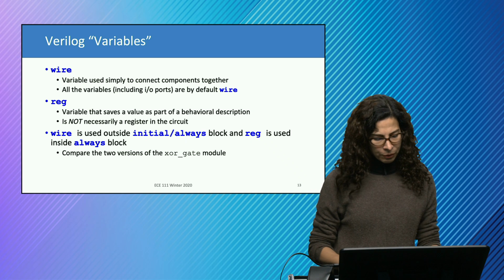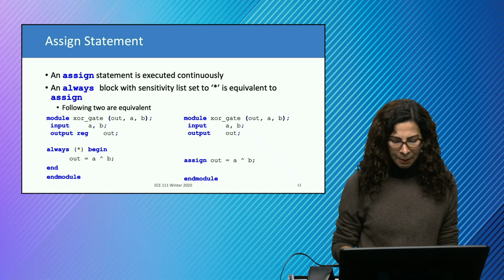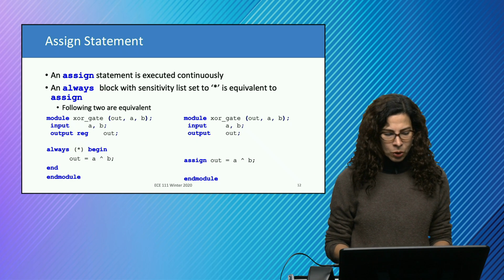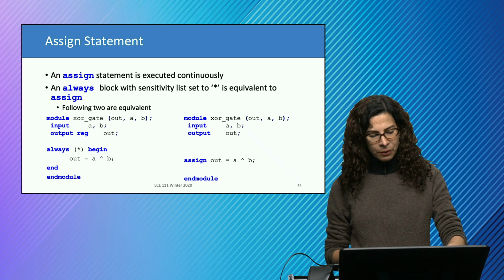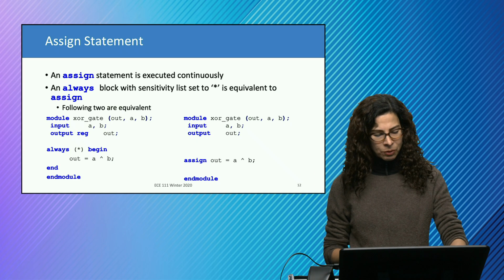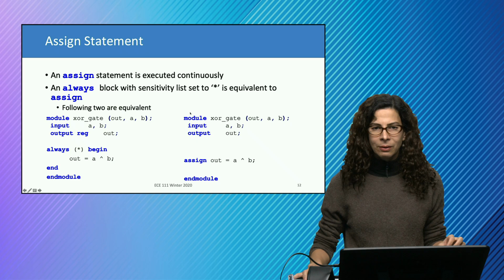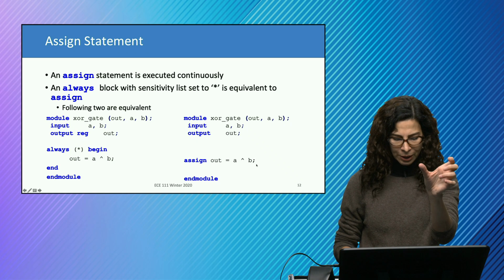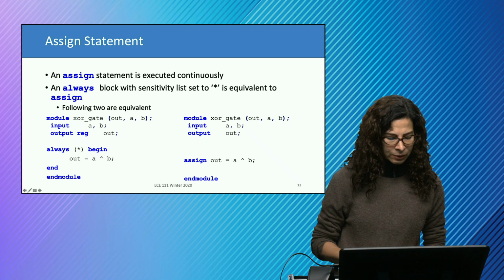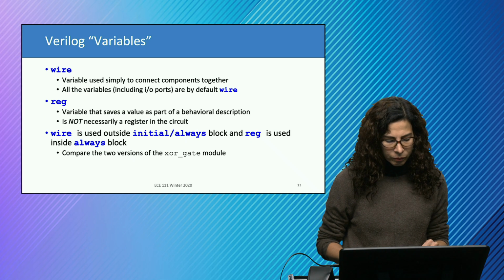If we go back to the previous example, you see it here. Here the output is registered because we are inside the always block in this particular case, and here the output is just a wire because we just have a combinational part that is a piece of wire.